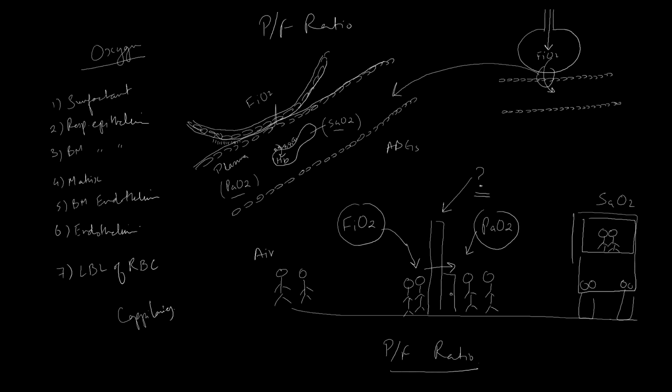So next time when you see a PF ratio of 100, a PF ratio of 200, a PF ratio of 300, or a PF ratio of more than 300, don't just think of it as a number according to the Berlin definition.